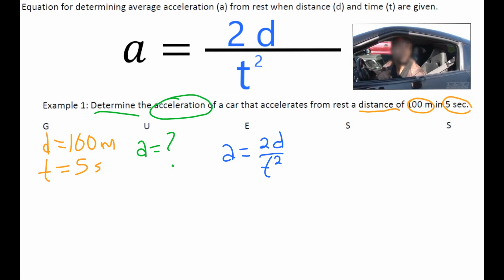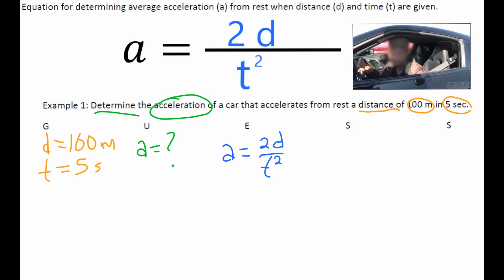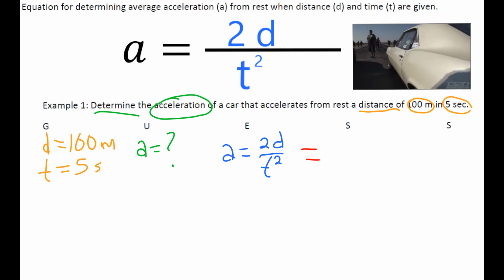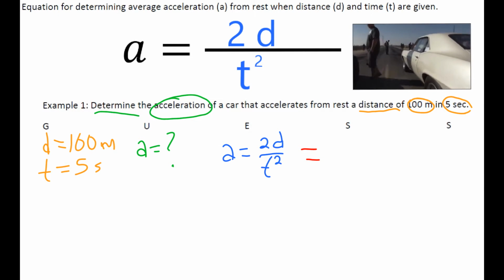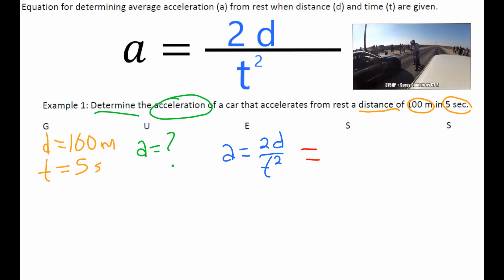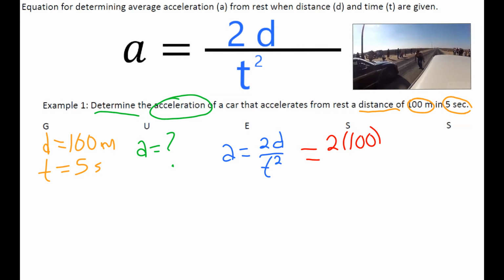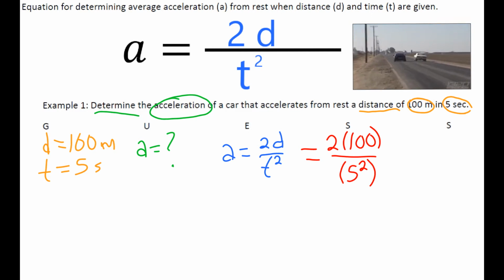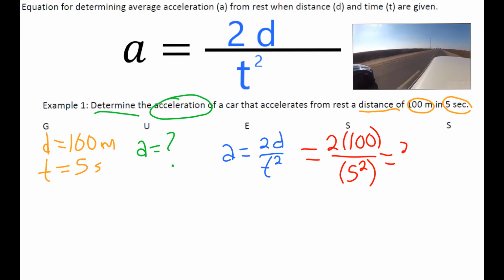My next step is to substitute. So the way I would substitute is take the values that are my given and plug them into the equation. So acceleration is equal to 2 times the distance, which is 100, divided by t squared, which is going to be 5 squared, and that would give me 200 divided by 25.